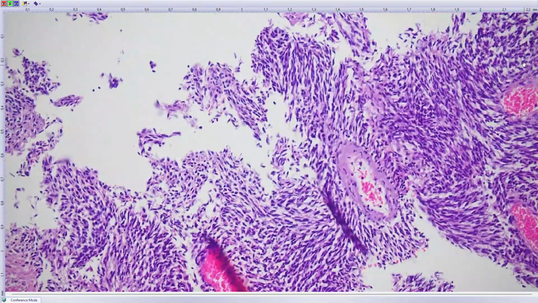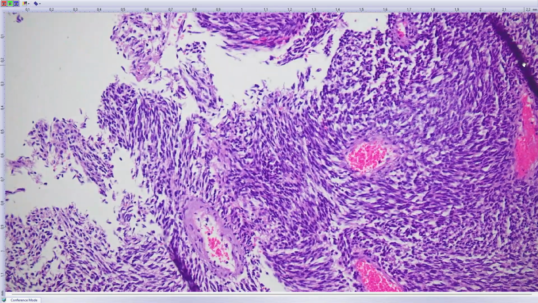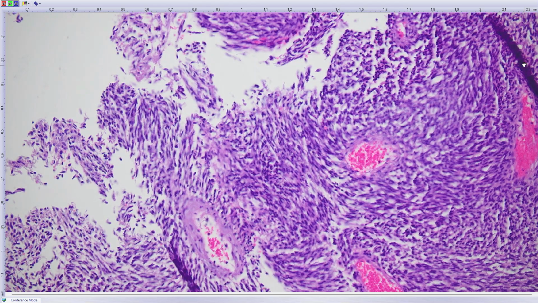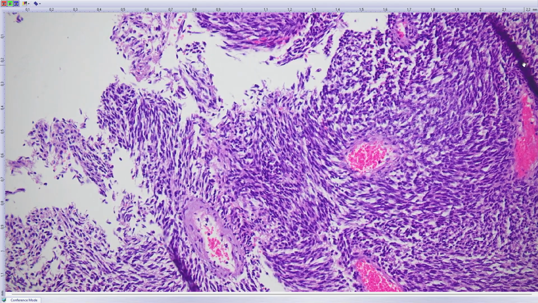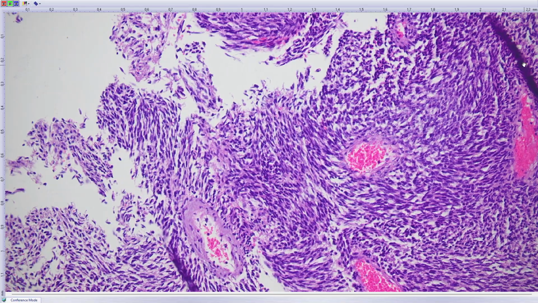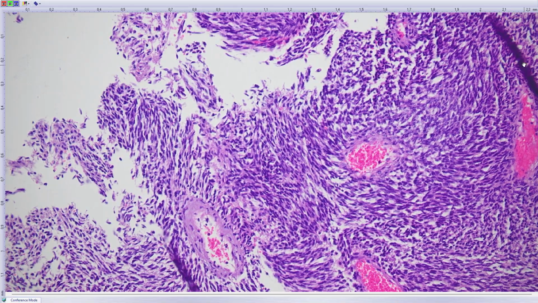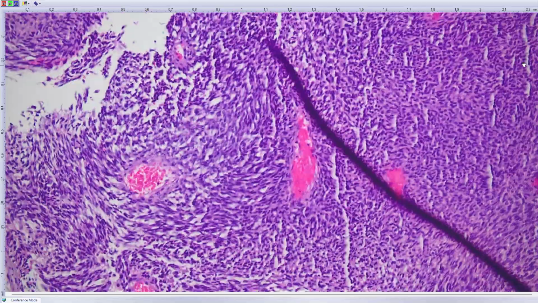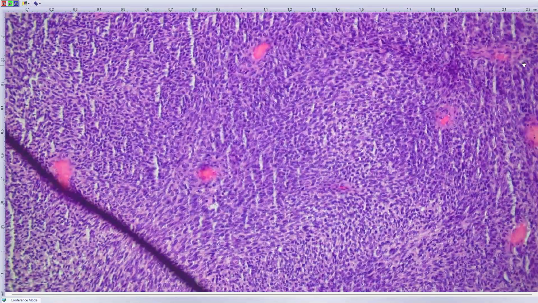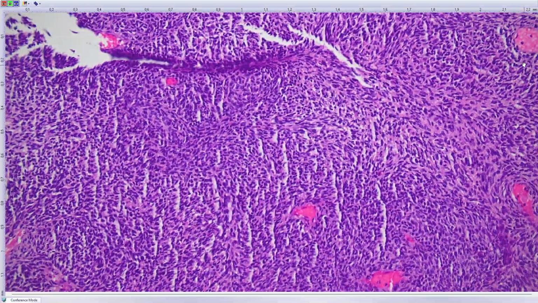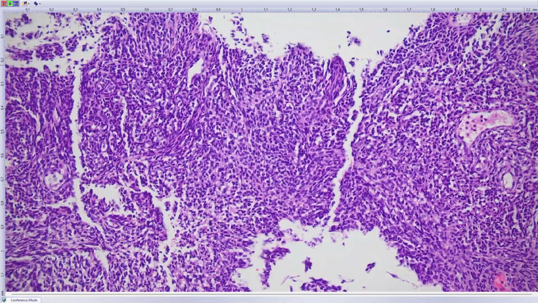MPNST. We have examples of MPNST occurring as CNS tumors, but these are very, very rare. And the reason is obvious. We don't have nerves in the CNS, I mean, within the brain parenchyma or spinal cord parenchyma.